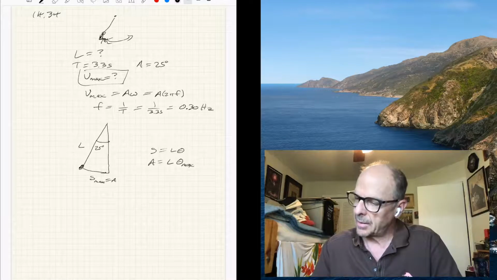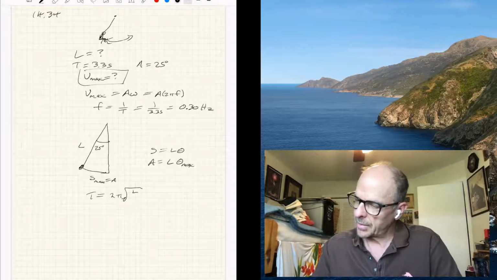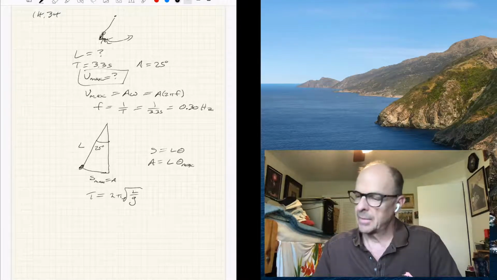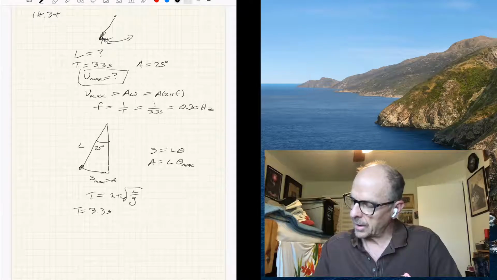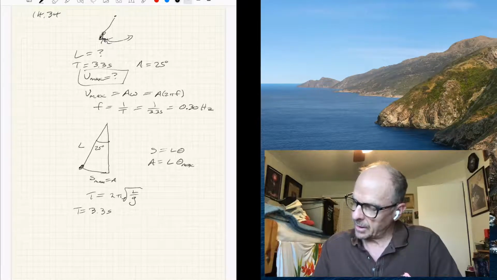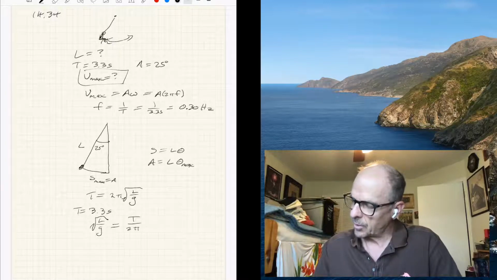Well, I can do that because I know that T is 2 pi times the square root of L over g. And I know T is 3.3 seconds. So I can rearrange this. That gives me the square root of L over g is T over 2 pi. I square both sides.